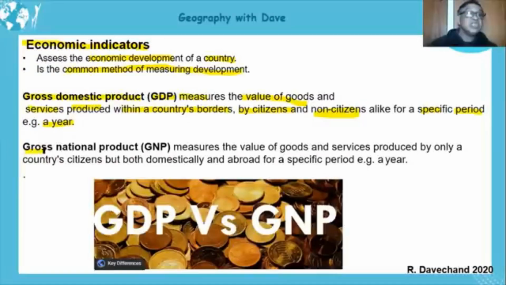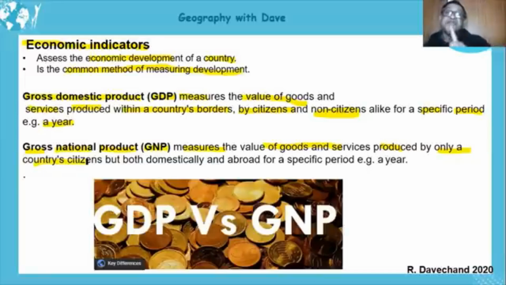Then gross national product, GNP, measures again the value of goods and services produced only by a country's citizens, only by South Africans.